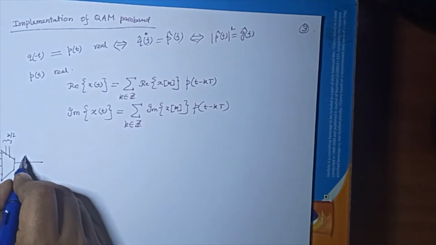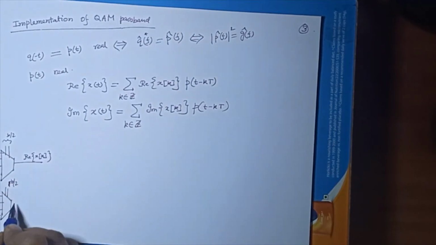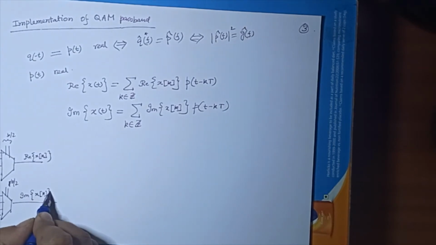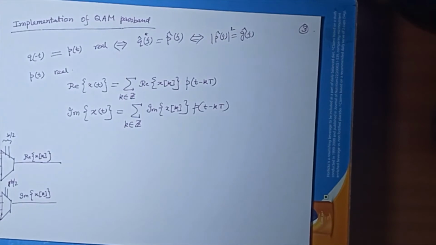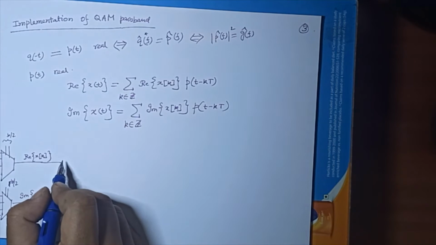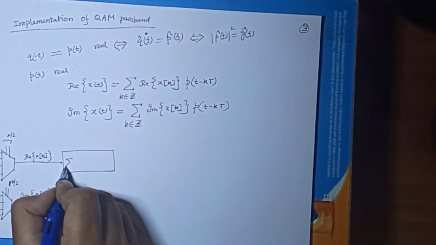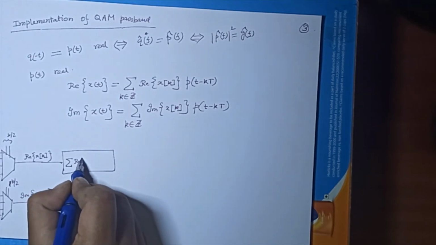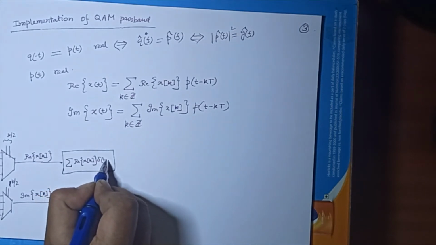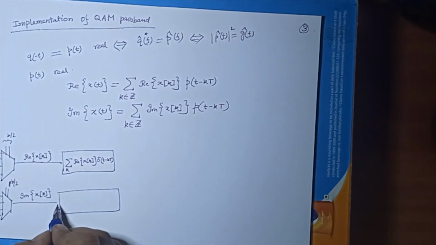This is coming to be the real part of x_k, and this is the imaginary part of x_k. So what you are doing is first combining to make the sequence. I can write it here. The sequence is like this: delta(t - kT) for all k. Here also, first make the sequence.